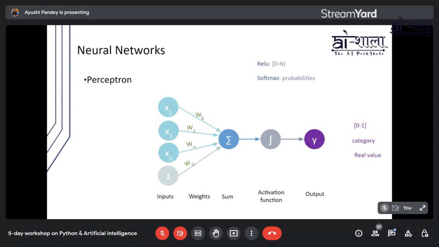Initially, the multiplication of each designated weight with the designated input takes place, and then there is a sum, which is known as the weighted sum. So we have multiplied the input with the weight, and then we have a weighted sum. Then some activation function is applied to the sum, and there is this output.